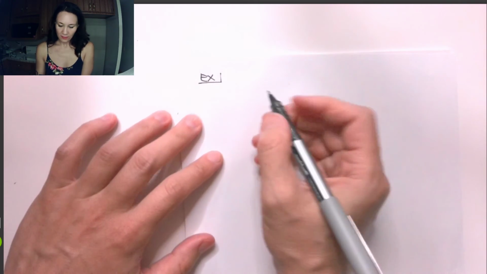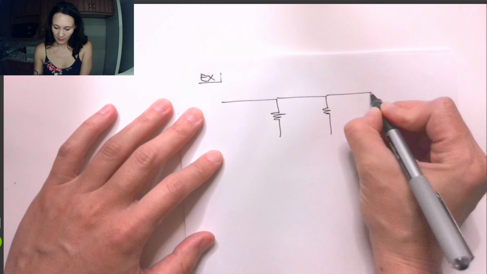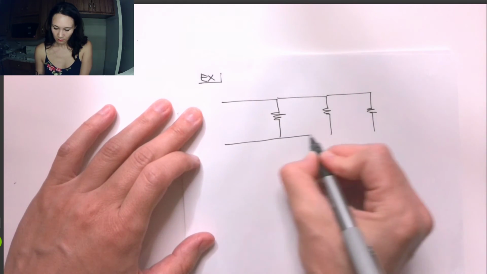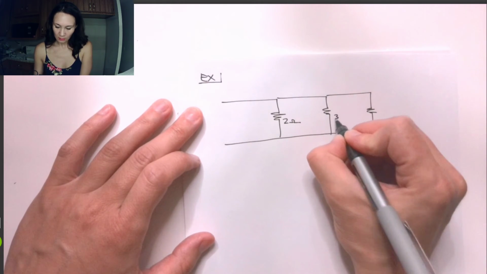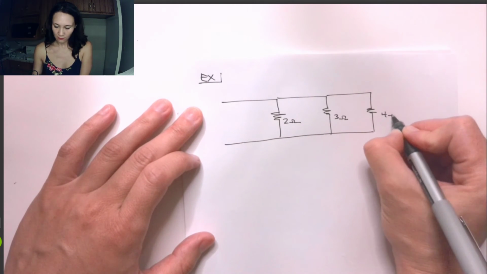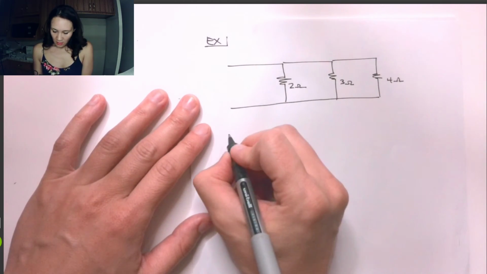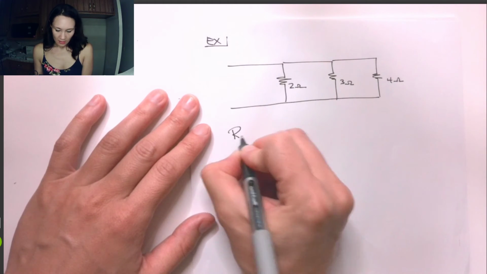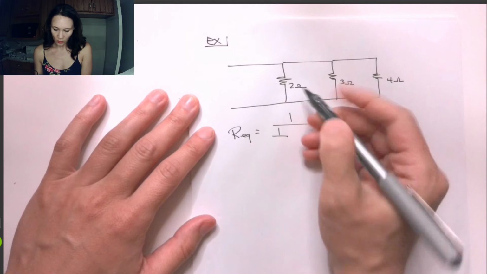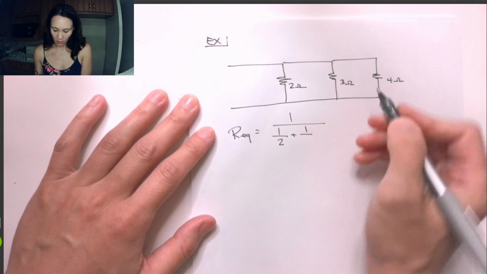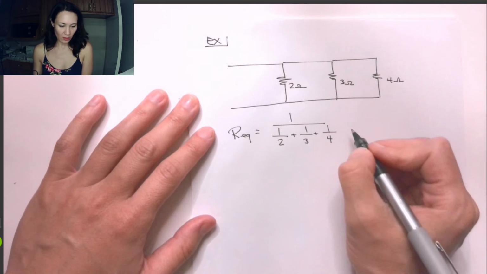Suppose we have, let's do 3 resistors in parallel. Let's let the first one be 2 ohms, the second can be 3 ohms, the third can be 4 ohms. So we use the equation that we just derived to find R equivalent. So we get 1 over R equivalent is equal to 1 over R1, which is 2, plus 1 over R2, which is 3, plus 1 over R3, which is 4.